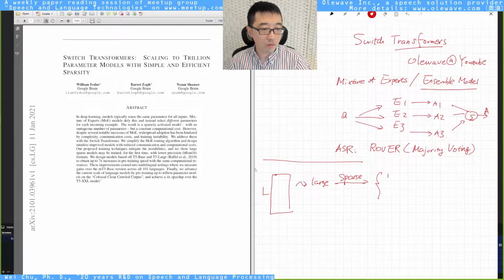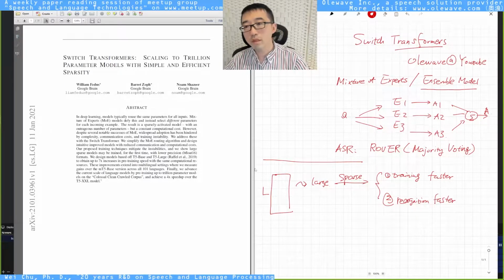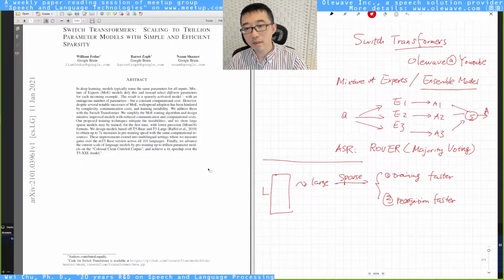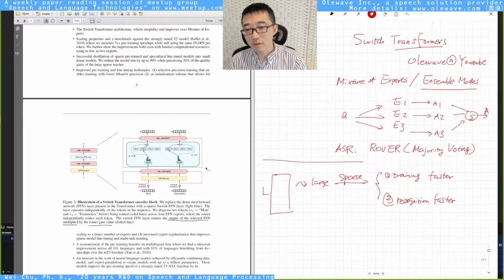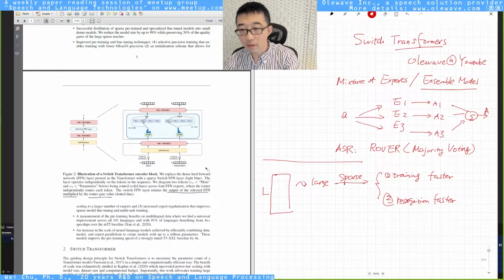Can I make it sparse to make the training faster? Or can I make it sparse so that my decoding, recognition is faster? So with these 2 questions in mind, let's see the model architecture they are trying to propose here.